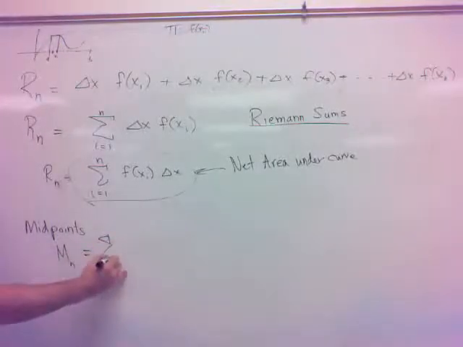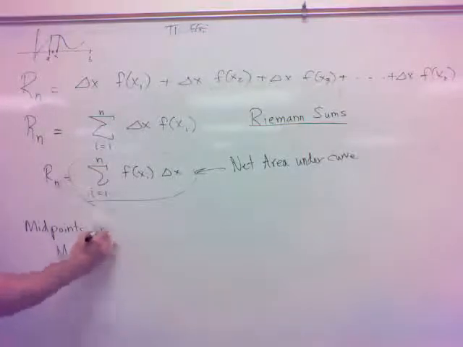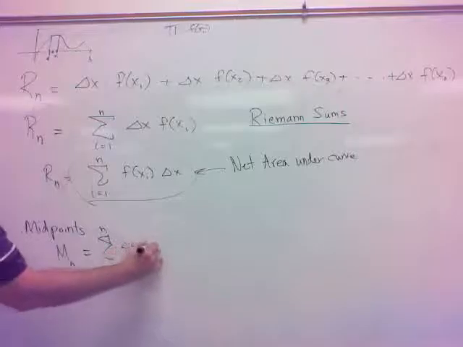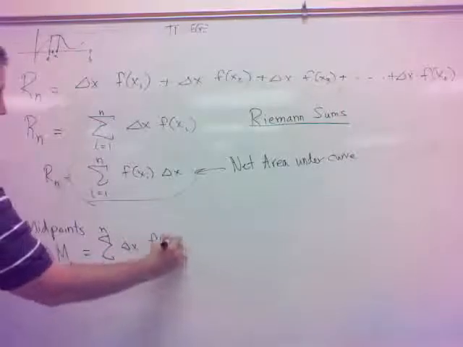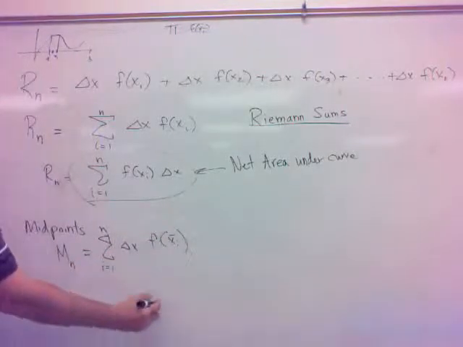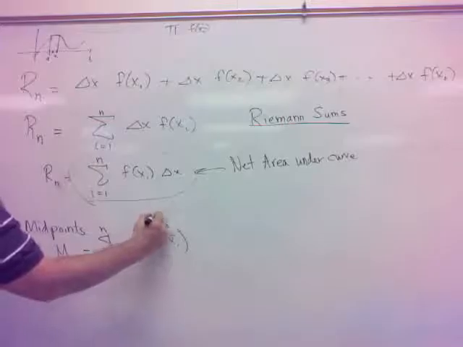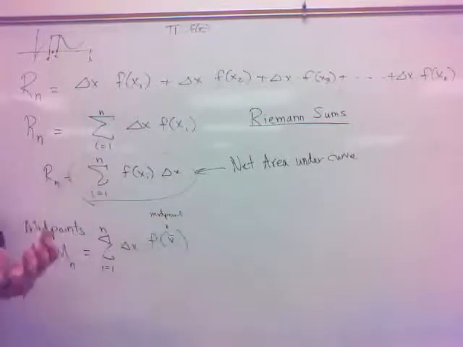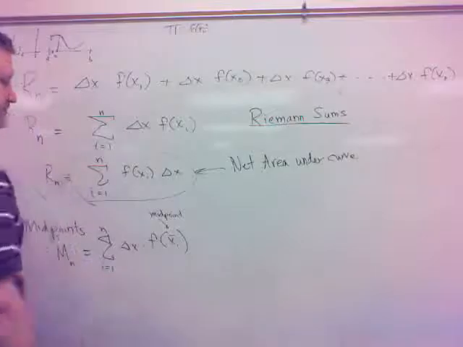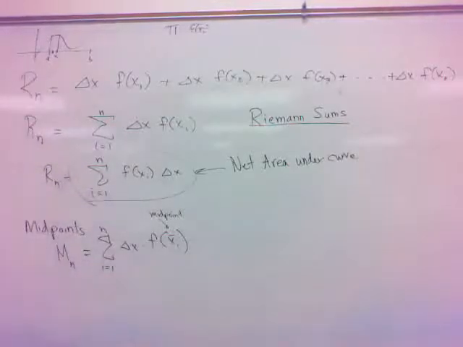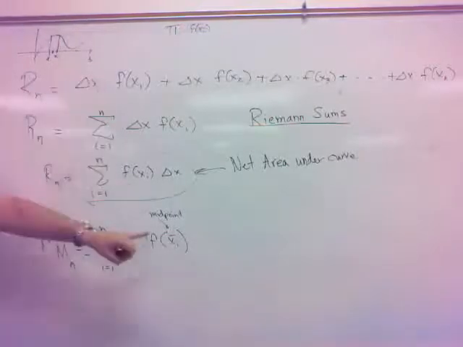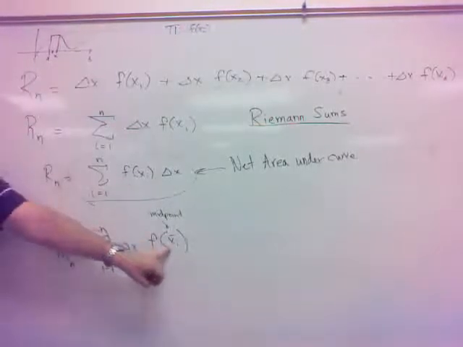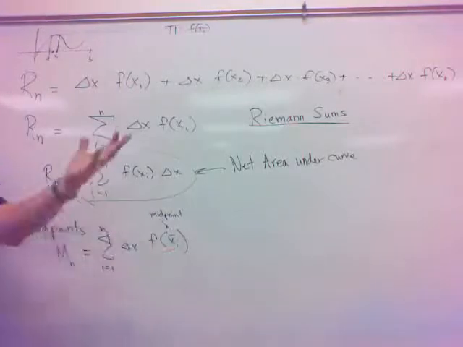That would be the sum from i equals 1 to n of delta x times f of x sub i bar, which just means the midpoint in your ith interval. If you're in your first interval, it's the midpoint of the first interval. So instead of x sub 1 for this one, we'd be doing the midpoint of the first interval, call it x1 bar.